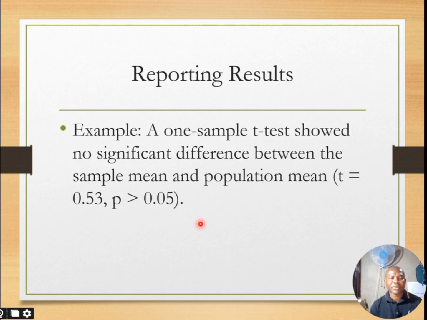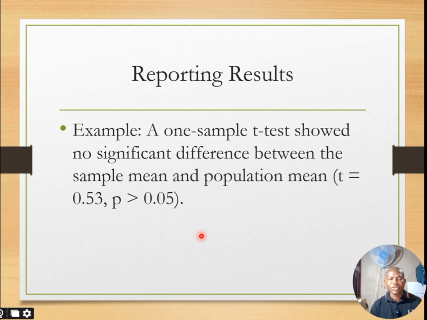Now, in standard reporting, maybe in a publication or journal, this is how it is usually stated. We say a one sample t-test shows no significant difference between the sample mean and the population mean. And we state the t-statistic we obtain, and we also indicate that our p is greater than 0.05. Good. So this is the concept we are trying to establish when we do a one sample t-test.